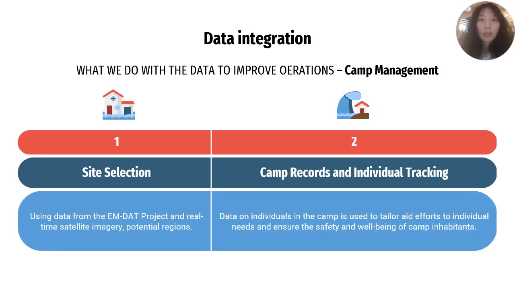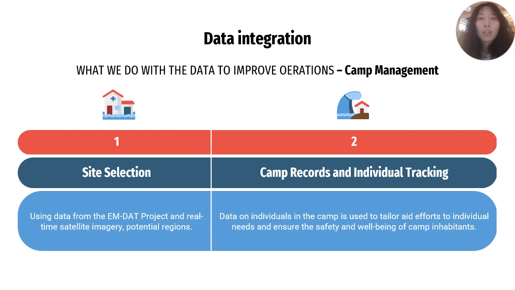So now with the data warehouse that we have, I'd like to talk about what we're going to do with the data so we can integrate data to improve operations. The first part is camp management, where we have basically two features. First of all is the site selection for ACAMS.